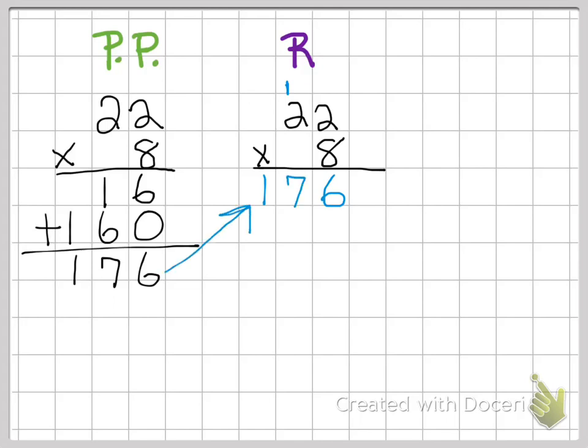Again, we end up with the same product. So now instead of thinking of 8 times 20, I'm just thinking 8 times 2 plus 1. It's a shortcut, really. Let's do another one.